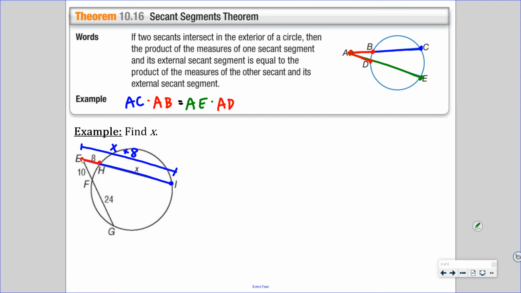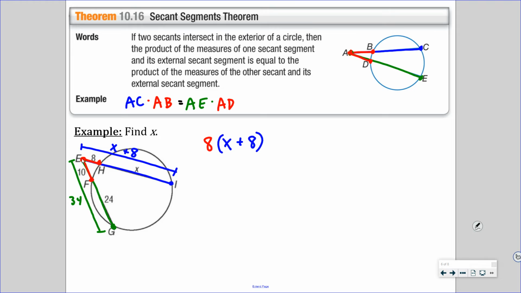All right. And then I have this secant segment. This one's a little bit easier because the external piece is 10 and the chord piece is 24. So the whole thing, 10 plus 24 is 34. The reason I need to find those is because to find the actual measurements, we take the entire secant length. So I'm going to start with the blue. The entire secant length times the external piece. I'm going to put the 8 in front.